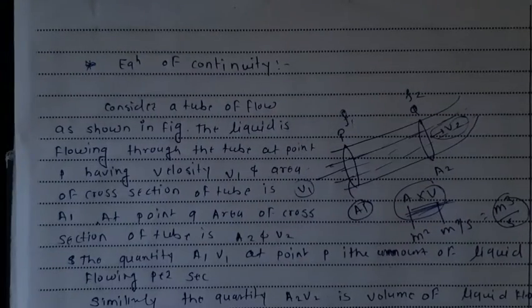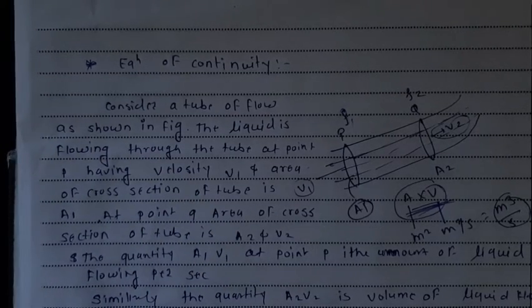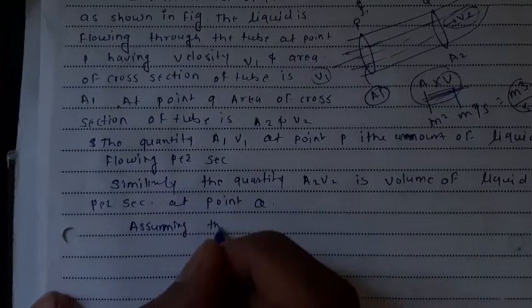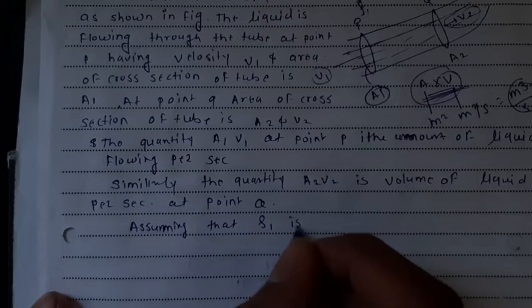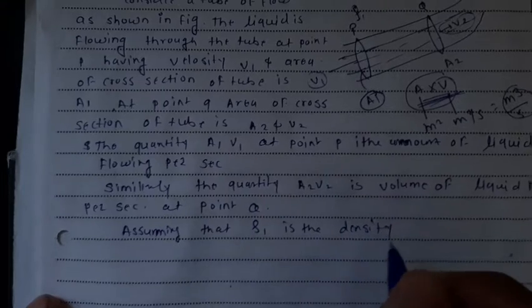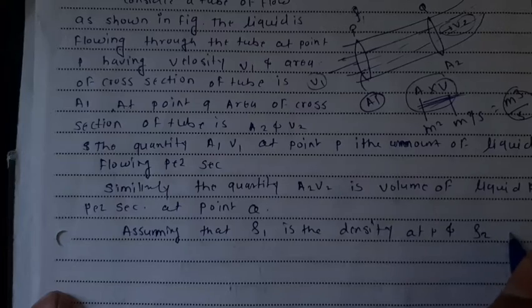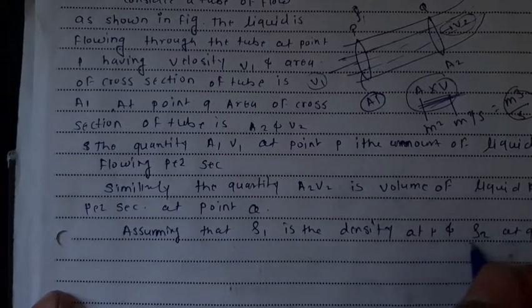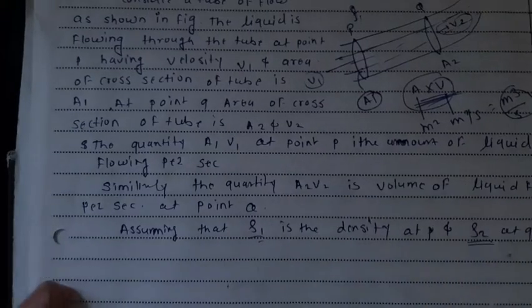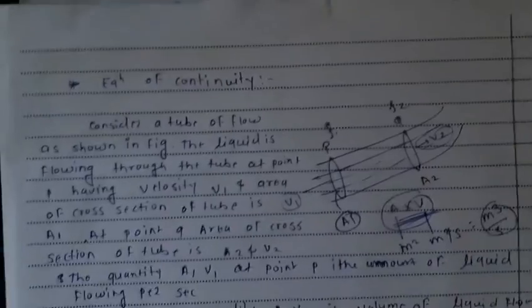Assuming ρ1 is the density at P and ρ2 is the density at Q. So what we have assumed is that ρ1 is the density of the liquid at the point P and ρ2 is the density of the liquid at point Q.